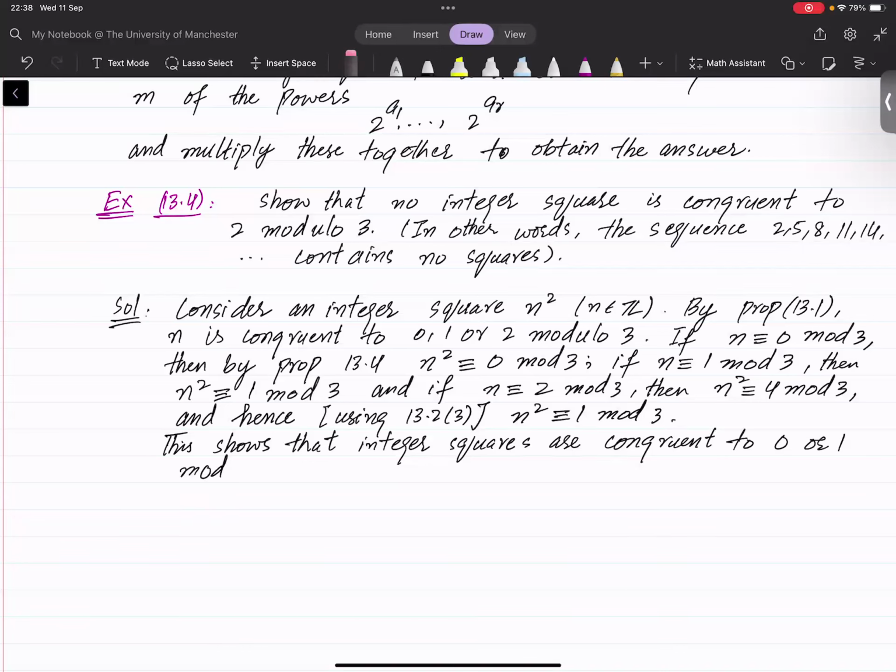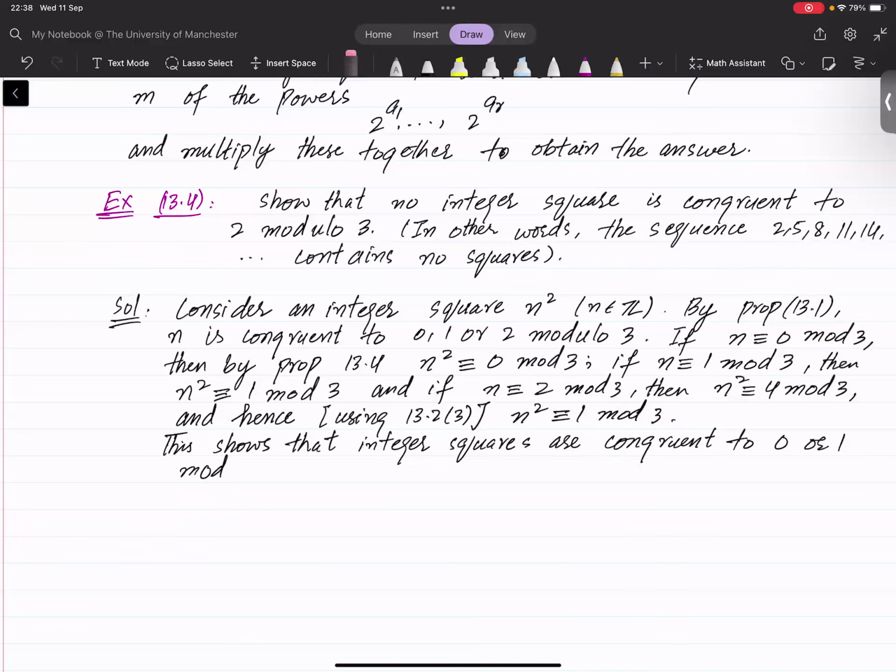For example, 10 is congruent to 6 mod 4, but we cannot divide this by 2 to deduce that 5 is congruent to 3 mod 4, which is wrong.